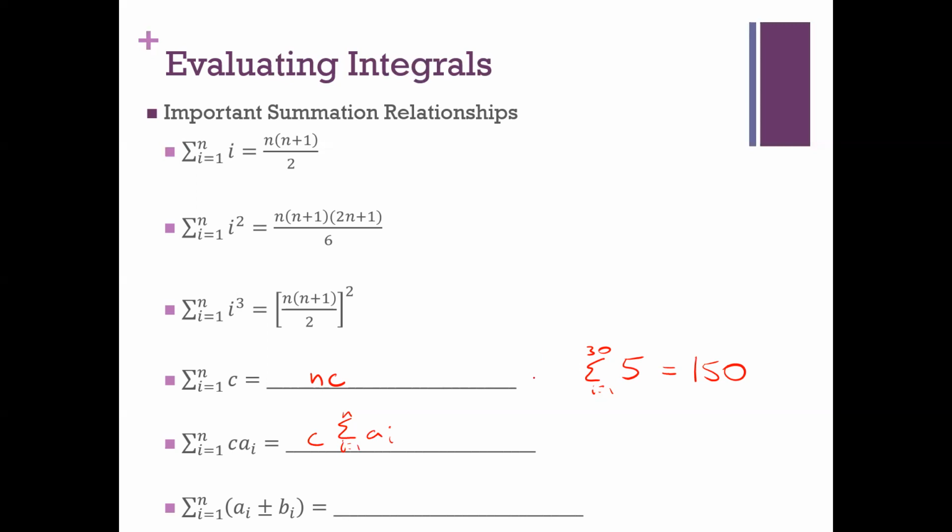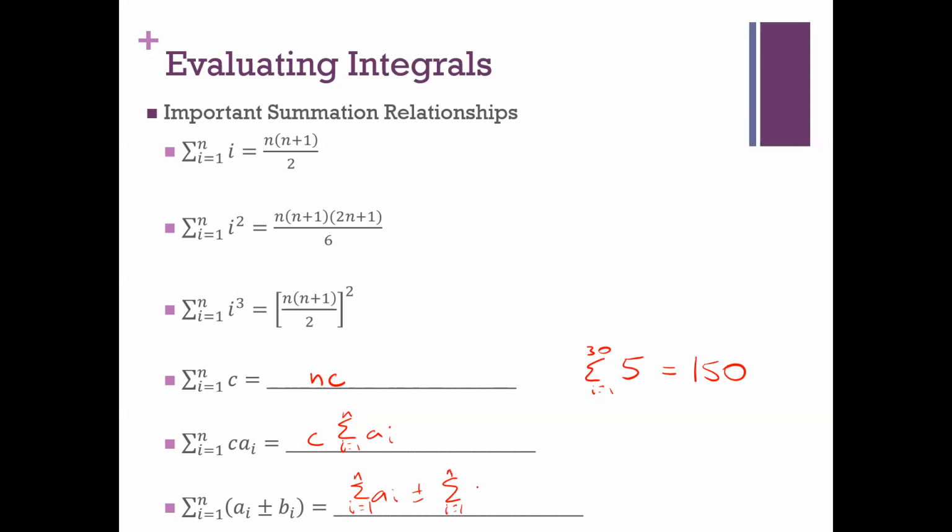How do you think this last one behaves? If I'm adding two areas together like this, or subtracting two areas, is there a way for me to split this up? And yeah, there is. I can just take each one of these sums independently.